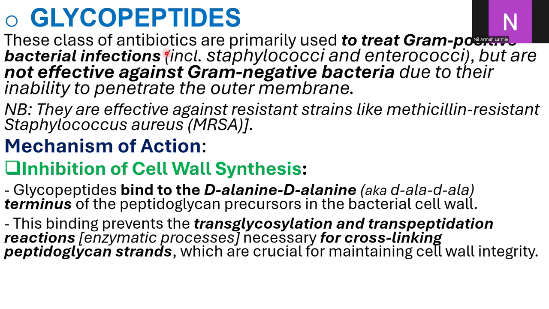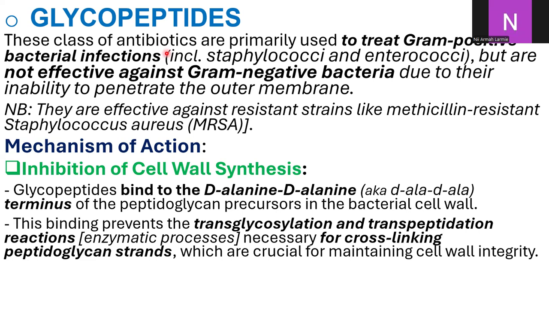This is called the transglycosylation reaction, which is a reaction controlled by enzyme activity. So basically, when we use glycopeptides directly, they bind to the D-alanine terminus and stop the transpeptidation reaction through stopping the transglycosylation reaction.